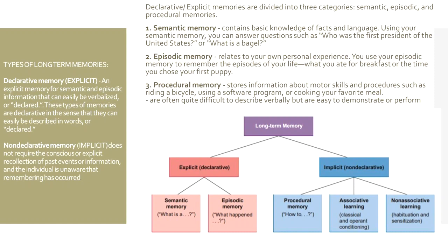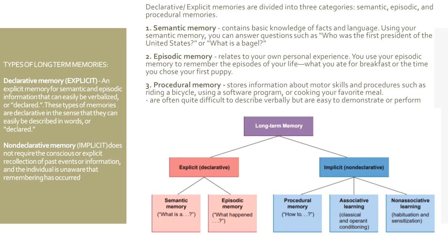So, sa declarative or explicit type, may tatlong types of memory under dito. So ito yung semantic memory, episodic memory, and procedural memory. So let's discuss them one by one. Semantic memory contains basic knowledge of facts and language.